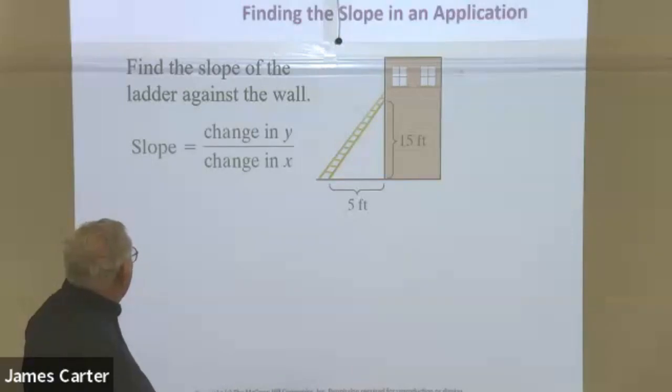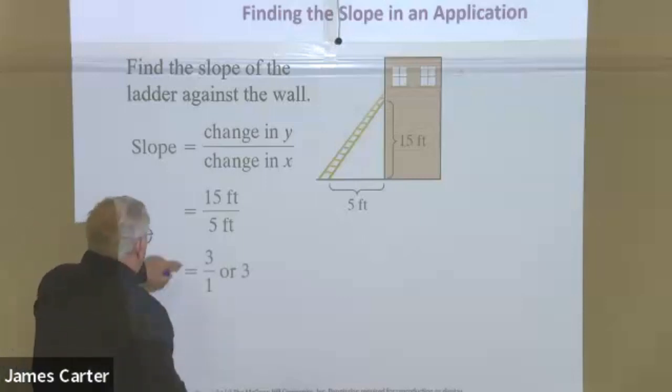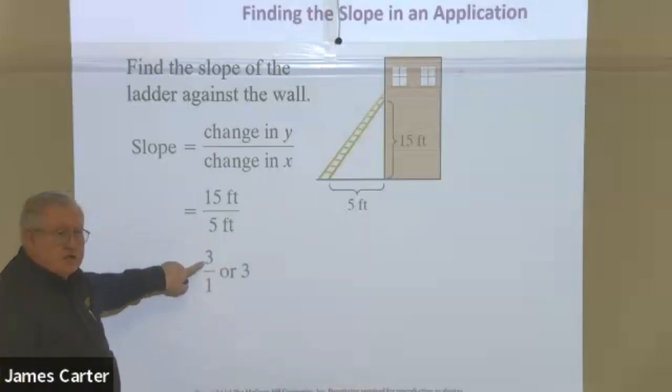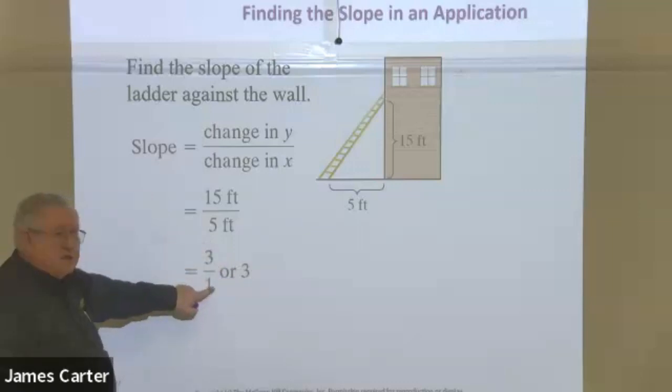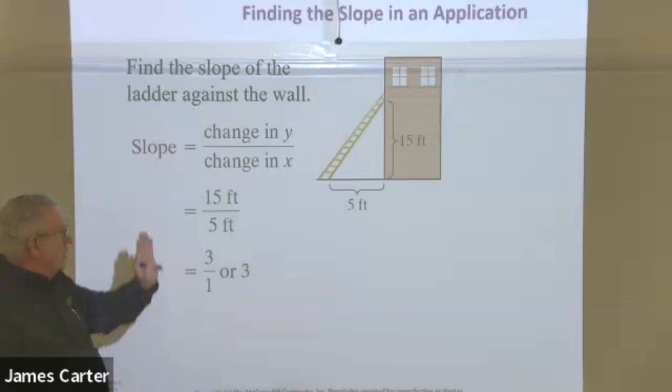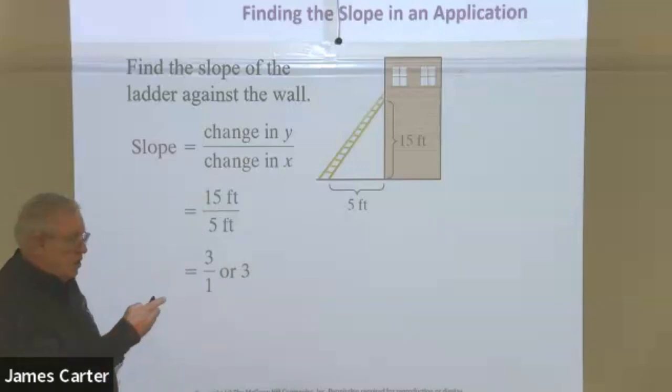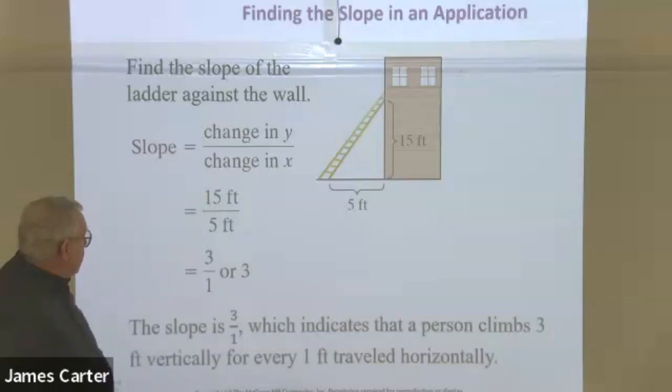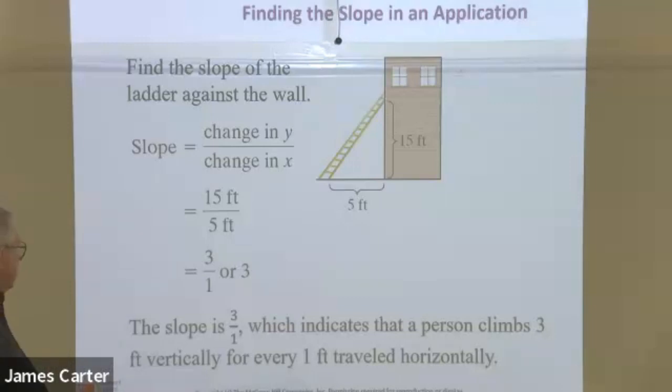The change in the y over the x, the rise over the run, and that simplifies to 3. Now, most of the time, we're going to use this in fractional form because we can go up 3 spaces and right 1 space in terms of determining our slope. And I'll demonstrate that more in a few minutes. That means they go up 3 feet vertically for every foot horizontal.